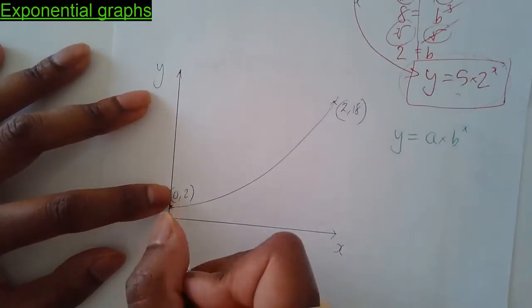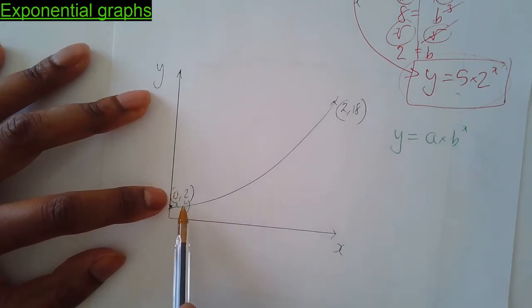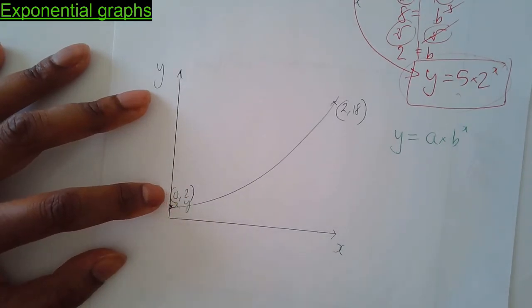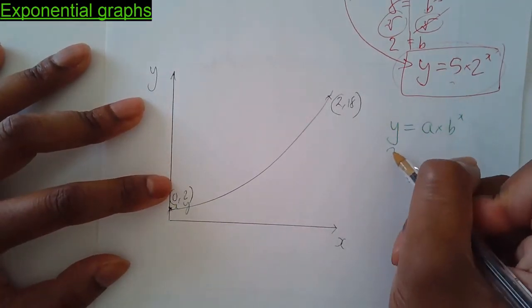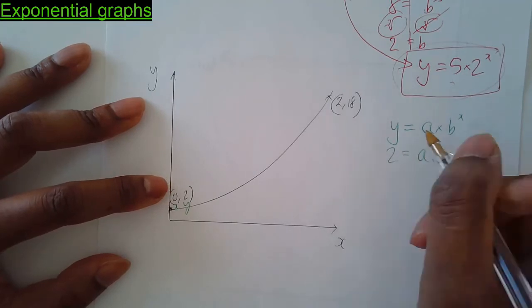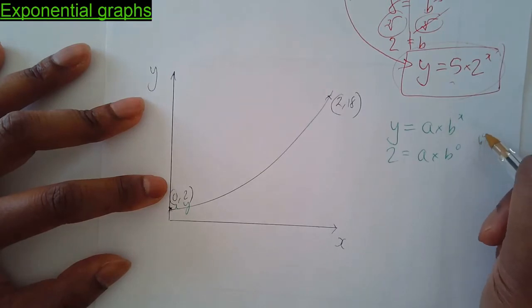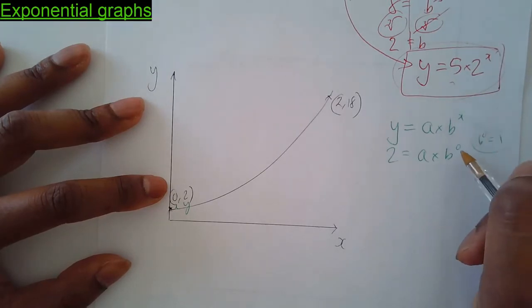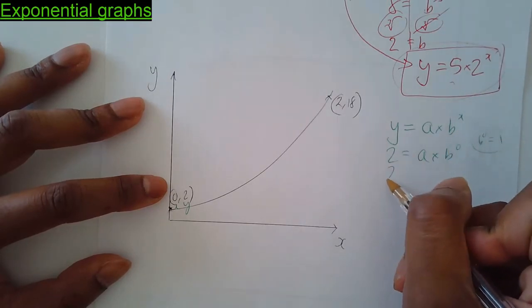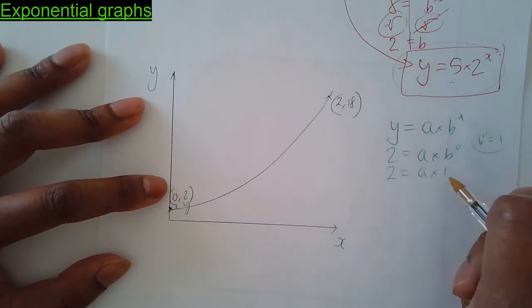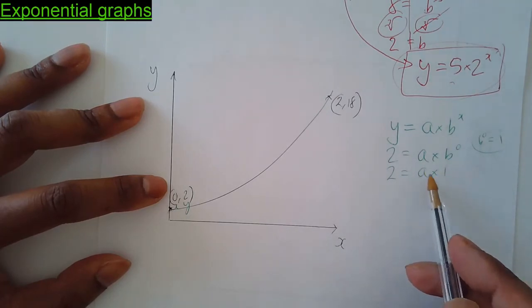Start with the easiest one. When x is 0, y is equal to 2. So y is 2 when x is 0. You know b to the power of 0 is equal to 1. That's going to be 2 is equal to a times 1. But you don't really need the 1 there, do you? 1 times a is just a.